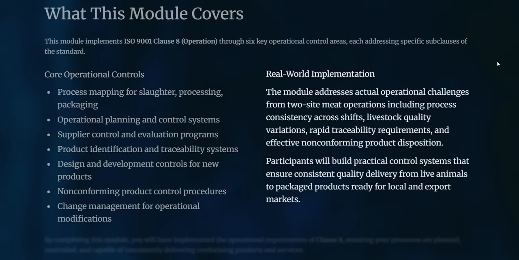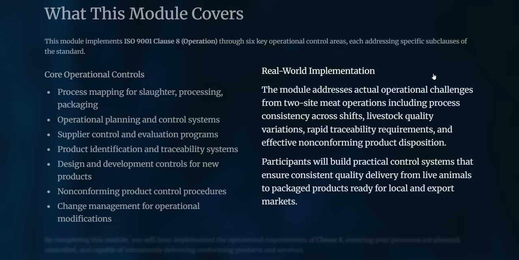If we look at our real world implementation, this module addresses actual operational challenges from 2 sites of meat operations, including process consistency across shifts, livestock quality variation, rapid traceability requirements, and effective non-conforming product disposition.